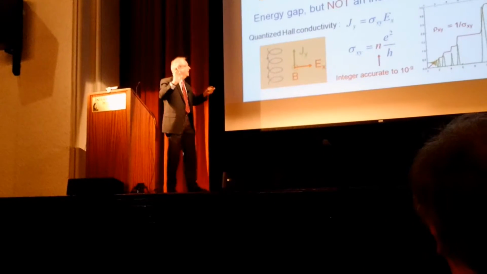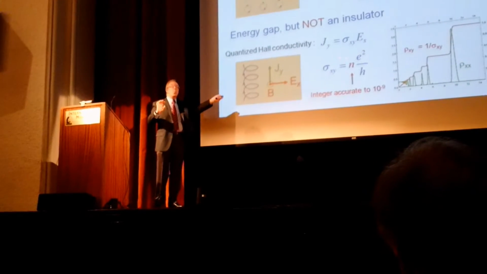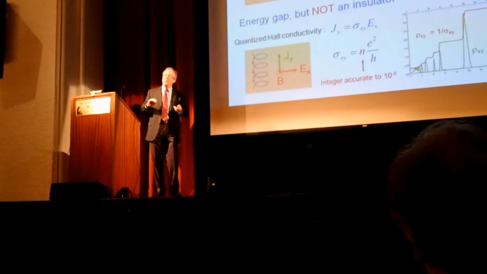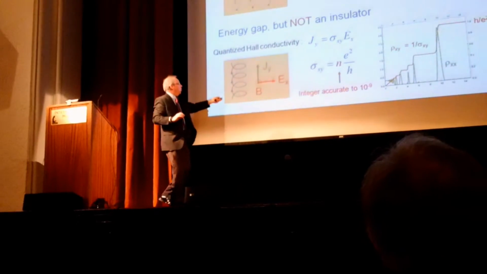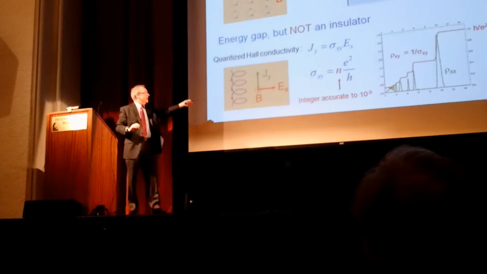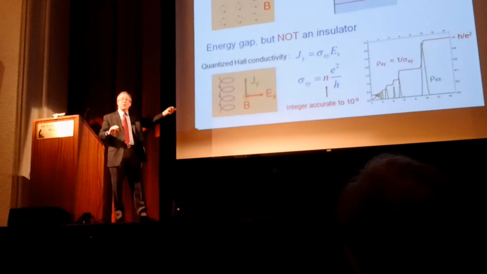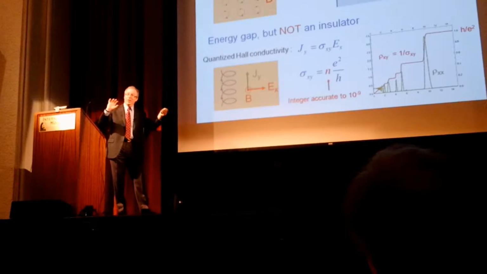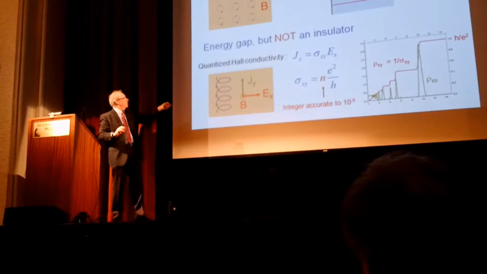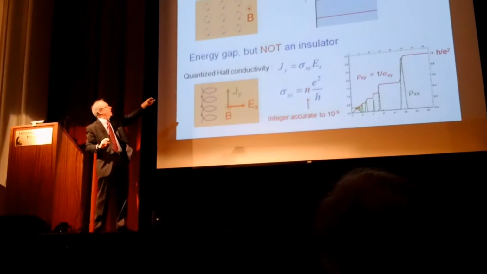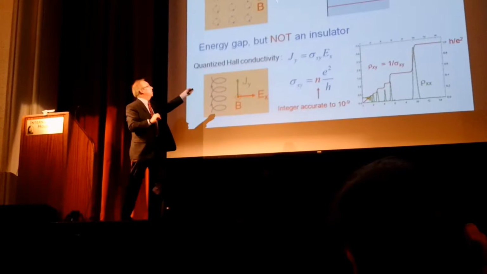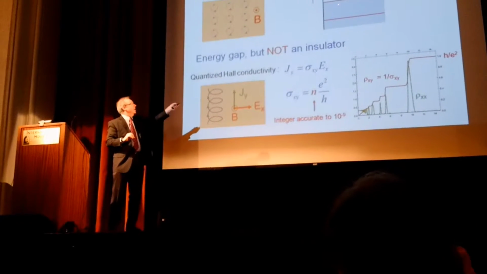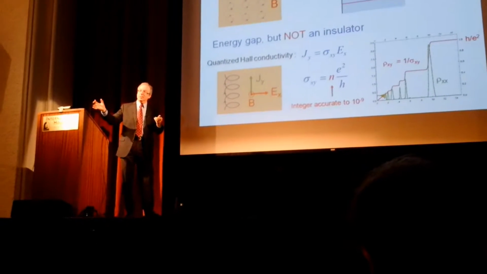So this is much more accurate than you would at first think it has any excuse to be. And so what's going on here is that this integer is really probing some sort of topological invariant. And so the question this poses is, this looks like it should be an insulator. What's the difference between this quantum Hall state and an ordinary insulator?